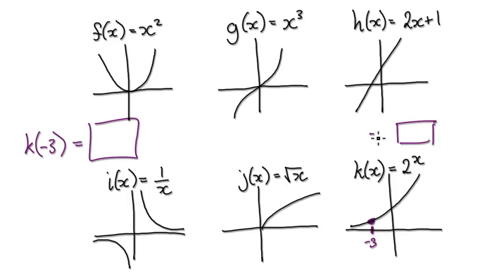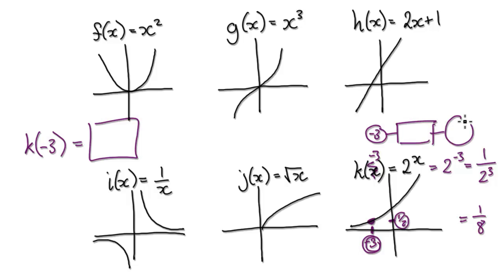If I put a negative 3 into here, that would be 2 to the power of negative 3. We don't understand what it means to have a power of a negative number, so we immediately jump to 1 over the positive version. So this thing here would then be 1 over 8. So if I put in a negative 3, it will spit out the number 1 over 8. So what goes in here is actually 1 over 8.